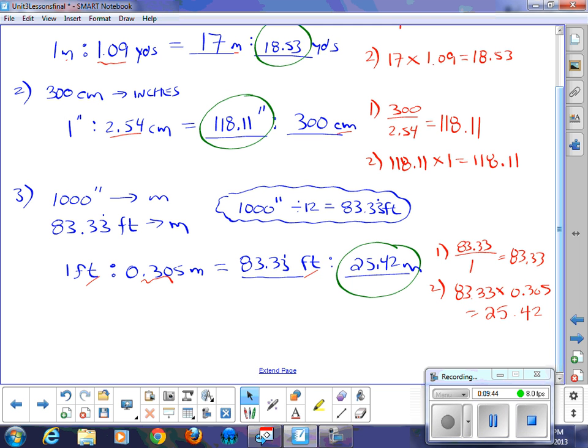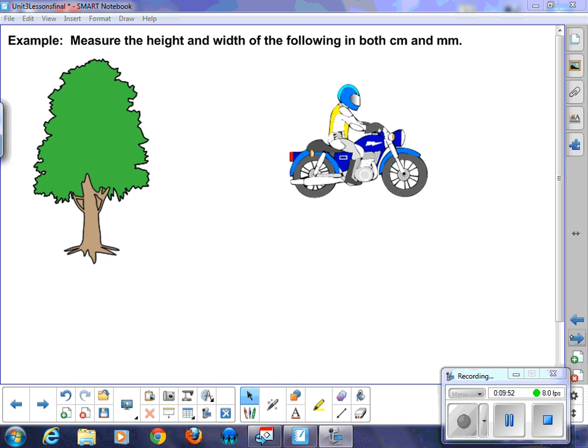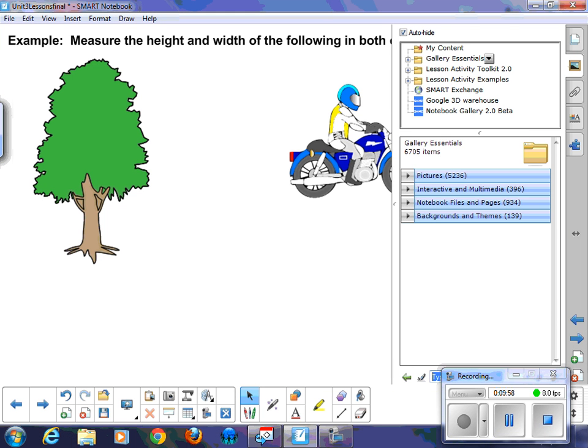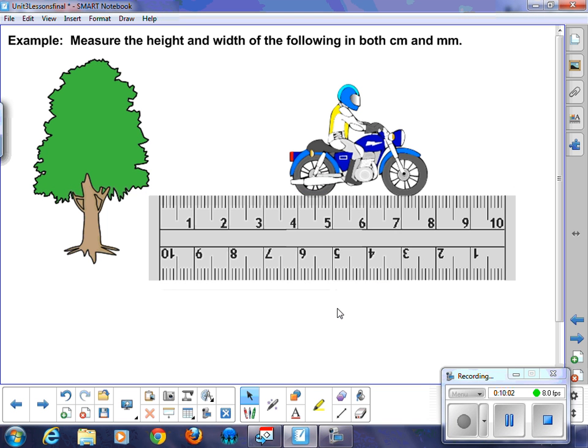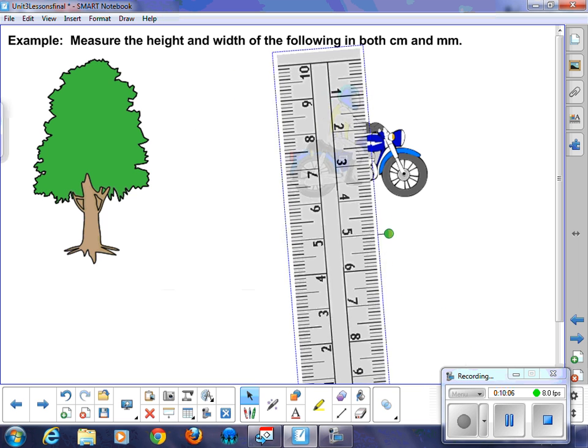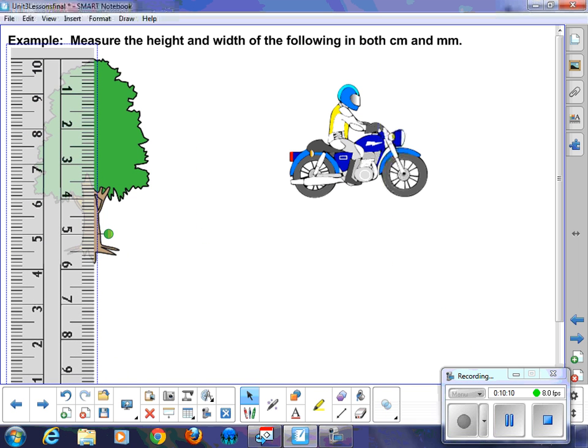Now I just want to talk about measuring with the metric system for one quick second. So as we flip over here, we've got a tree and a motorcycle. Most of you should be fairly familiar, but we're going to just double check it. So we are looking at measuring with the metric ruler. So here's my metric ruler, and we've got lots to borrow in the class here. If I get the height of the tree in metric, if you're going to measure in centimeters, you're allowed to go into decimals.